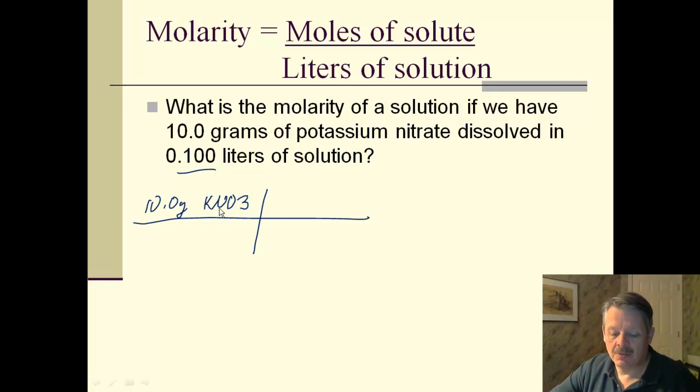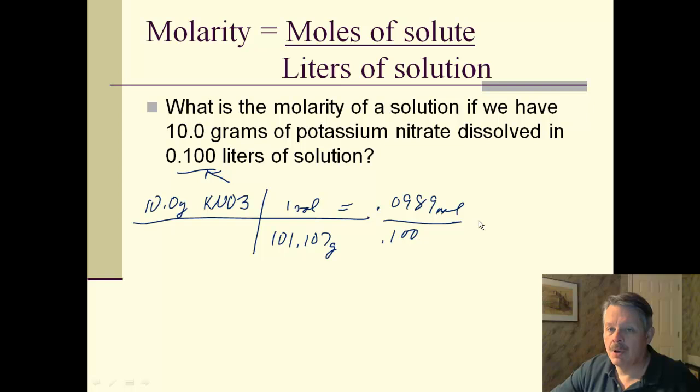The mass of KNO3 is 101.107 grams in 1 mole. And I do that math, and I get 0.0989 moles. And I have to divide that by, to get my molarity, which is 0.100. So that's really close to 1, which is actually 0.989 molar.